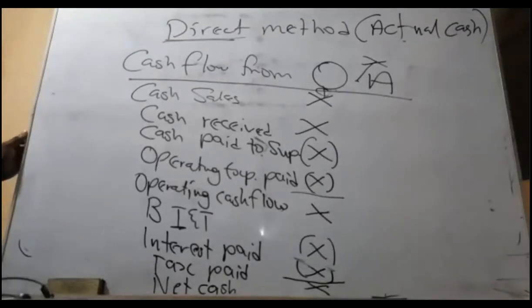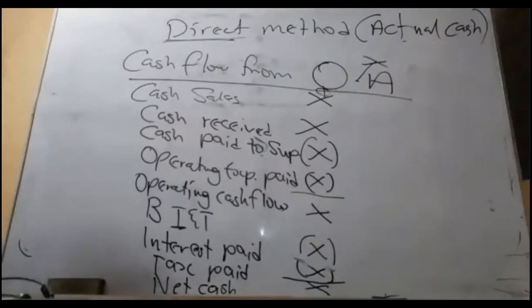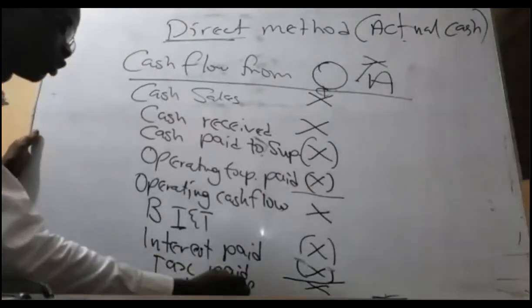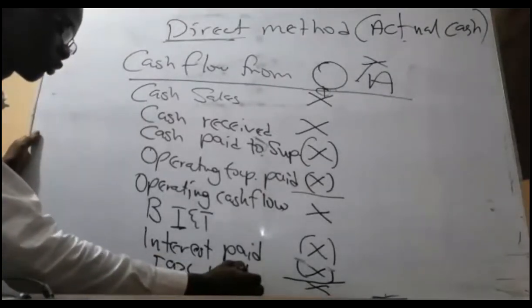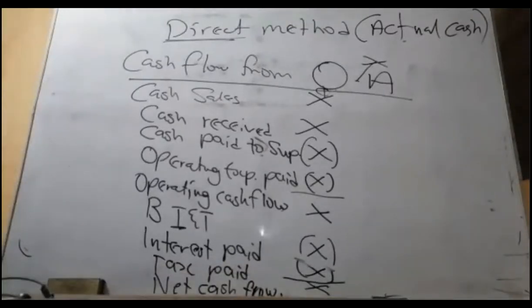Whether inflow or outflow, leave it for him to decide. Because if it happens to be negative and you write inflow, then there's a mismatch. The net cash flow from operating activities. Then you are done.